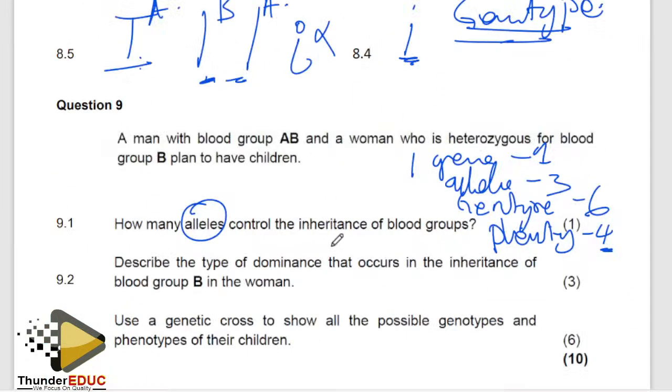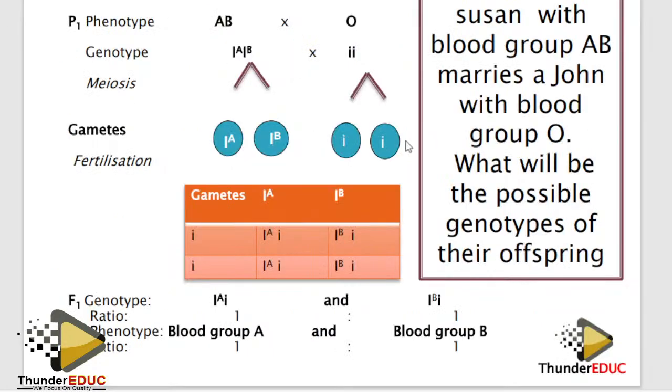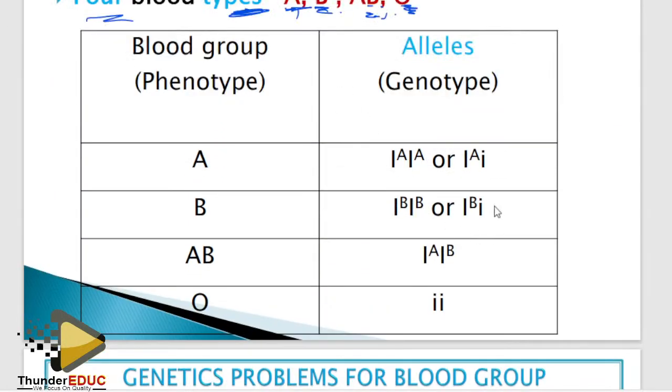So now we go back to our question. Describe the type of dominance that occurs in the inheritance of blood group B. They are saying that a man with blood group AB and a woman heterozygous for blood group B, meaning that this lady obtained one dominant allele from the father or mother and another recessive allele from the other parent.